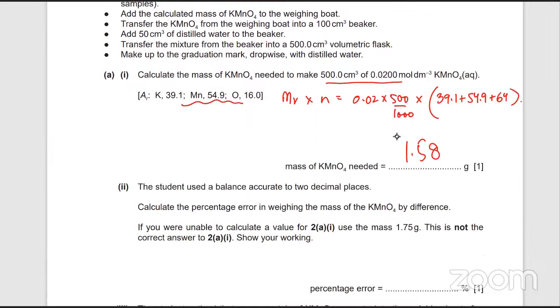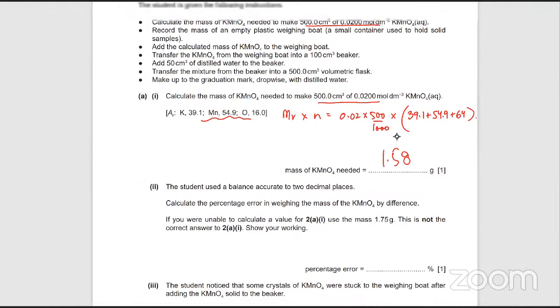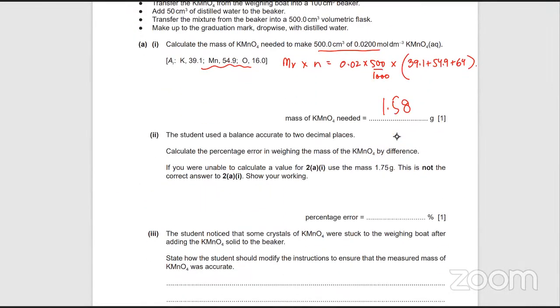The student uses a balance accurate to 2 decimal places. Calculate the percentage error in weighing the mass of KMnO4 by difference. अब बताओ कि if you're measuring 1.58 grams and he's saying the balance is accurate up till 2 decimal places, what is your smallest graduation? 0.01. ठीक है.